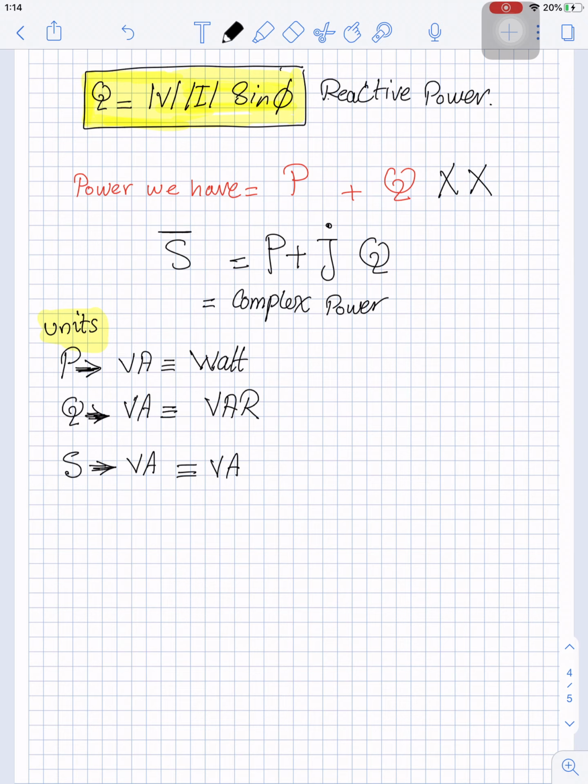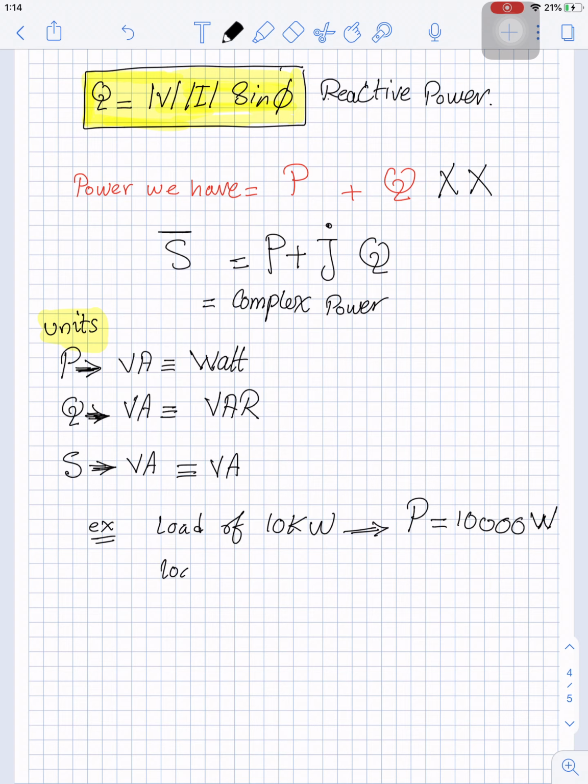So if we say we have a load of 10 kW, what is given for this load? This means that its P is 10,000 watts.